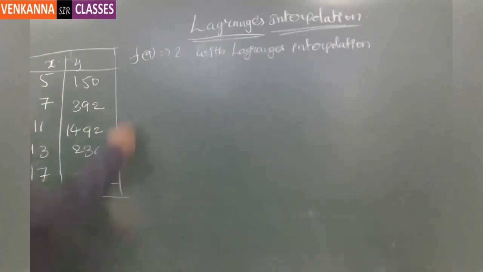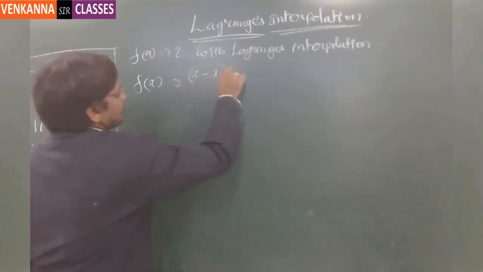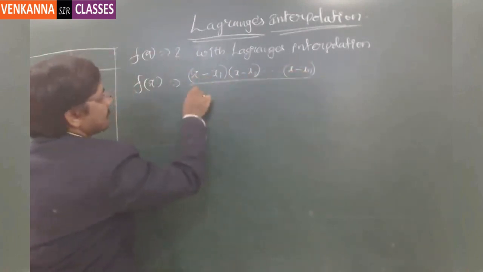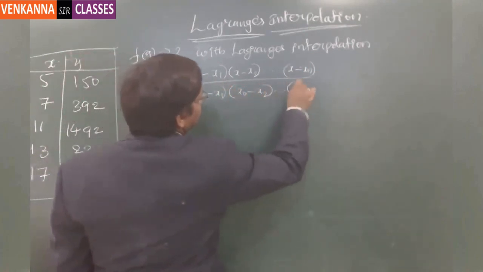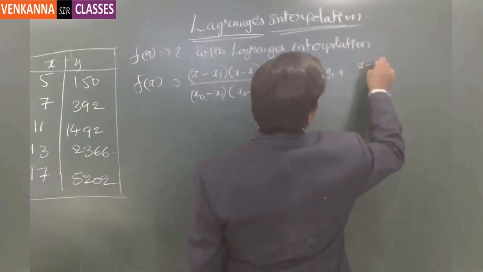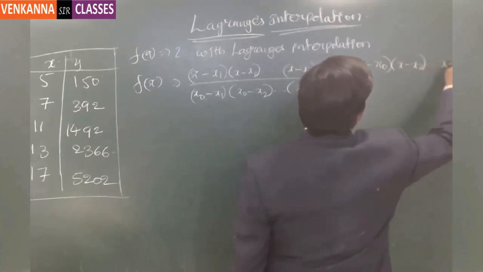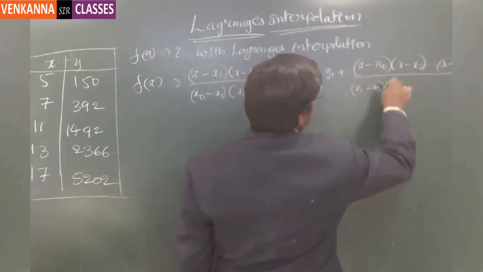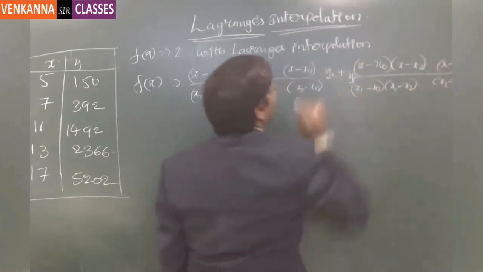So here the Lagrange's interpolation says that f of x can be expressed as x minus x1, x minus x2, dash dash dash, x minus xn divided by x0 minus x1, x0 minus x2, dash dash dash, x0 minus xn getting multiplied by y0 plus x minus x0, x minus x2, dash dash dash, x minus xn divided by x1 minus x0, x1 minus x2, dash dash dash, x1 minus xn multiplied by y1.